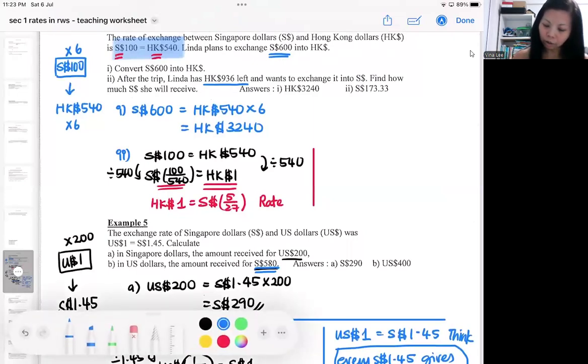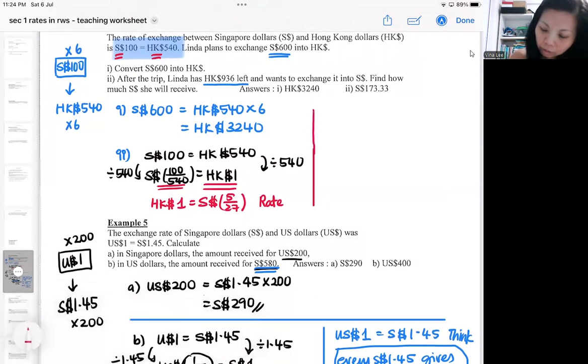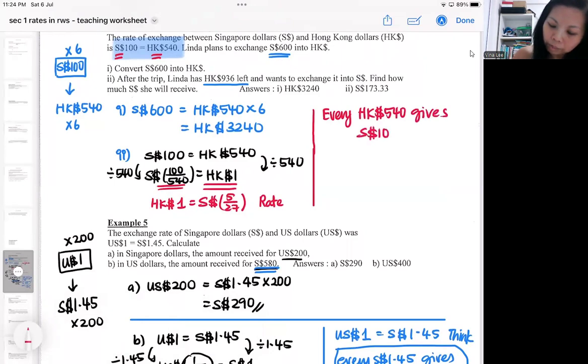I can choose to think that every 540 will give Singapore $100. So how many 540 are there in this? You can think about it in this way.